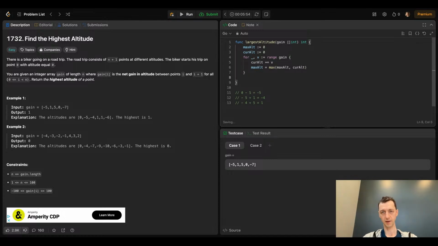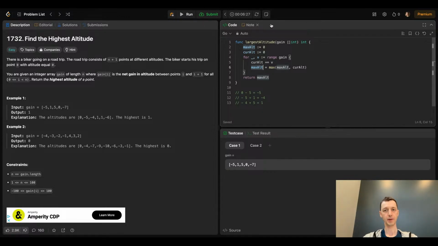I think that should do it. Return max altitude.